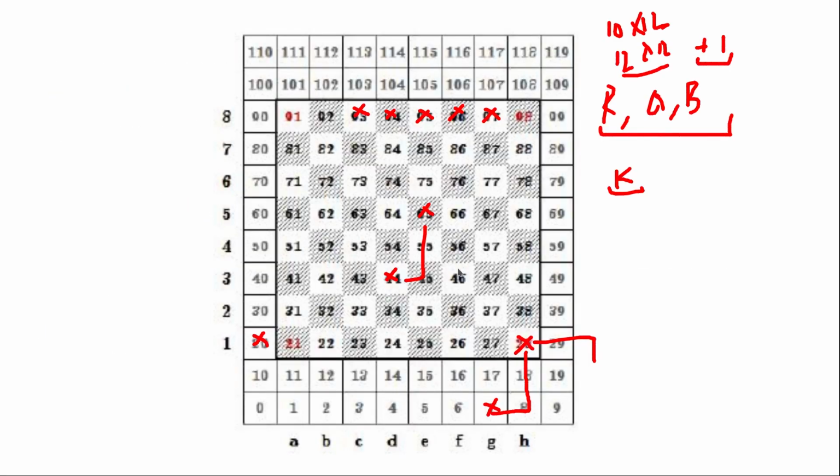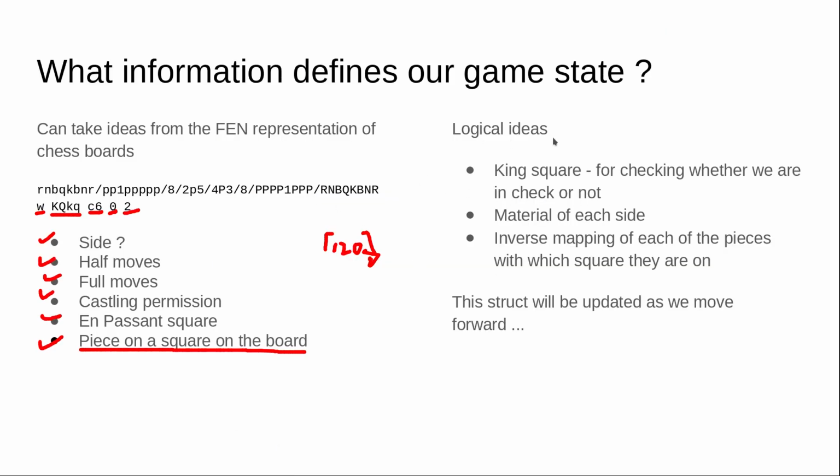I can represent these pieces uniquely using some kind of enum value, and then I can place these pieces anywhere on this square board. The other logical idea worth noting is that we should have an idea of your king square, which square the king is currently positioned on.